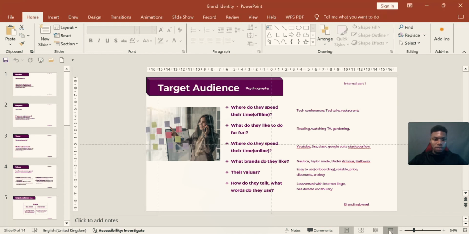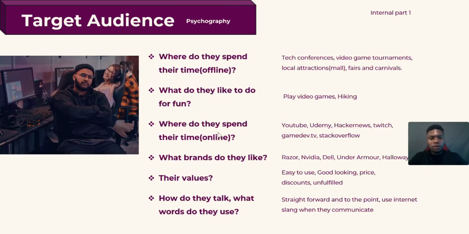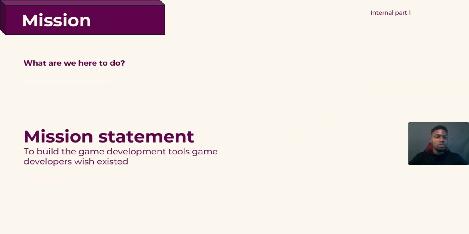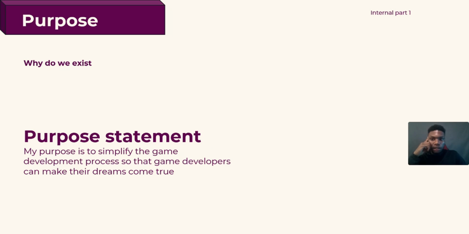Okay, so the first thing I usually do is to go into the strategy documents, where we have all these different things about the brand, right? So we have here the mission statement: to build the game development tools game developers wish existed.